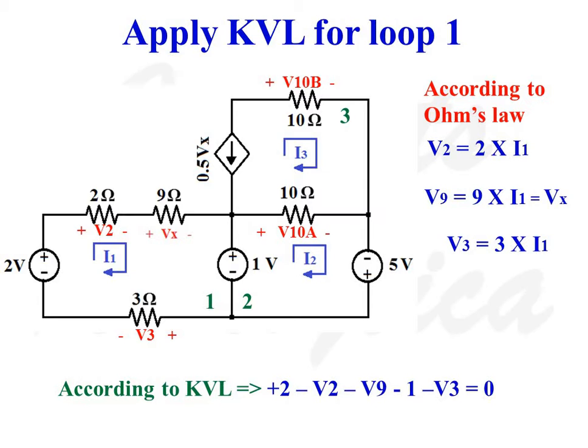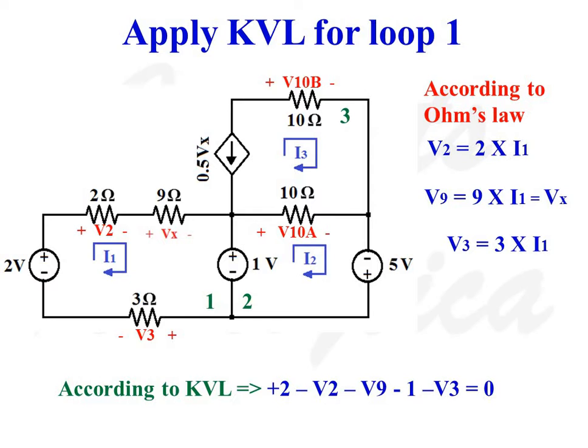When we consider voltage drop across 9 ohms resistance V9, as we move from positive potential to negative potential, V9 should be taken as negative. When we consider the 1 volt source, as we move from positive potential to negative potential, the 1 volt source should be taken as negative.